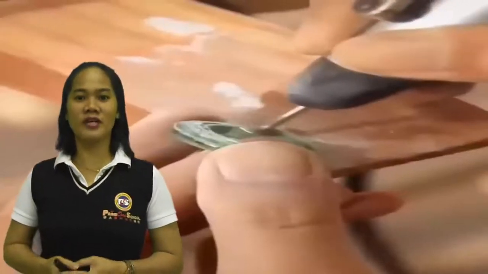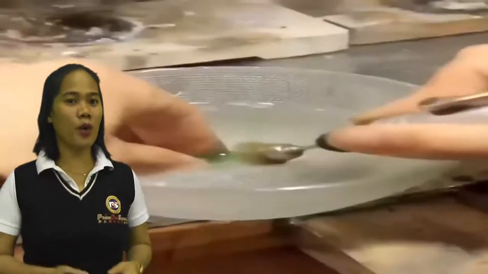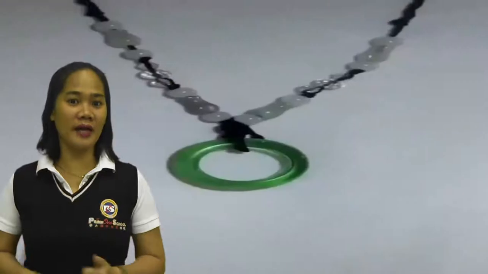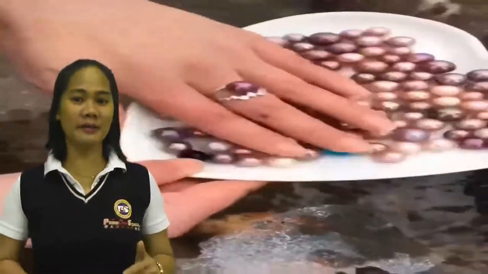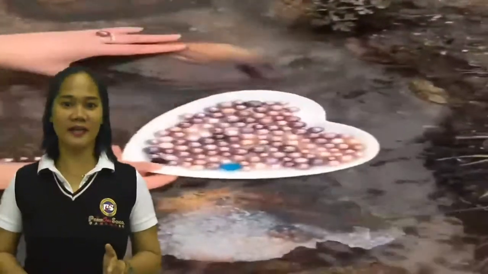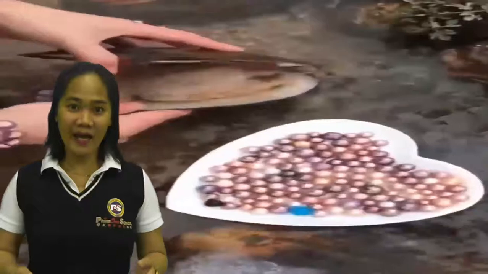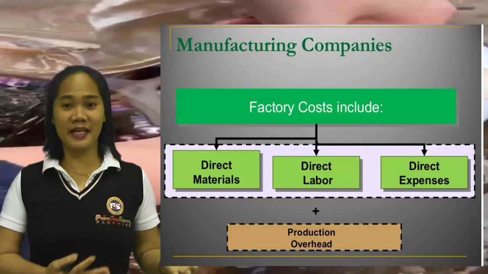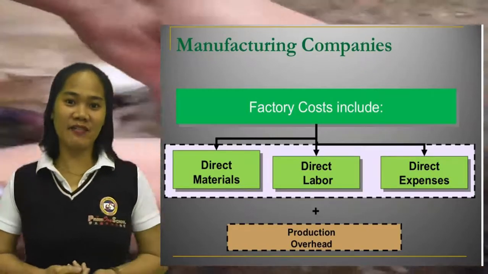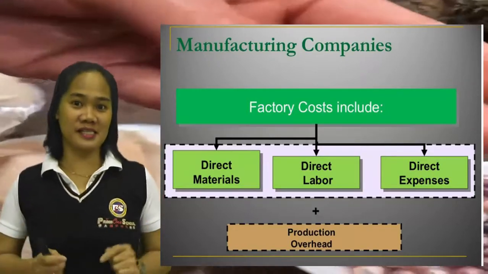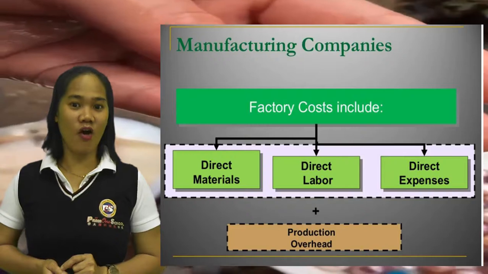In manufacturing companies, the prime cost includes the direct material, direct labor, and direct expenses, while the factory cost includes the direct material, direct labor, and direct expenses plus the production overhead.